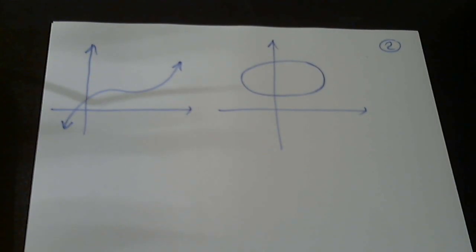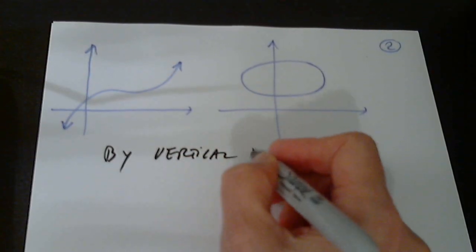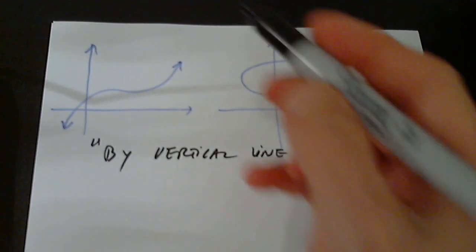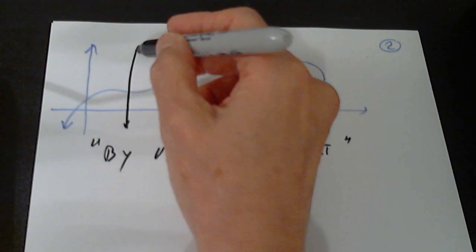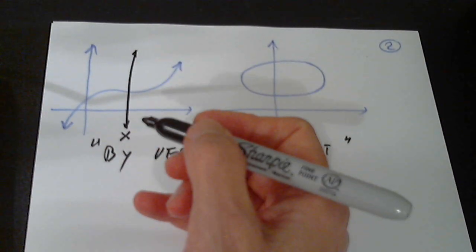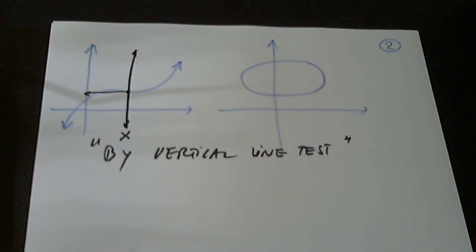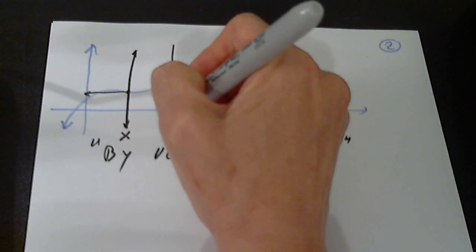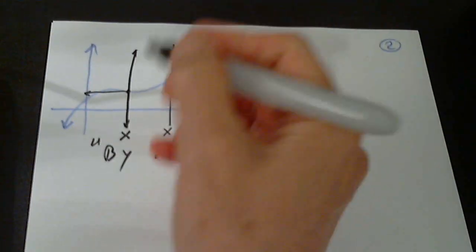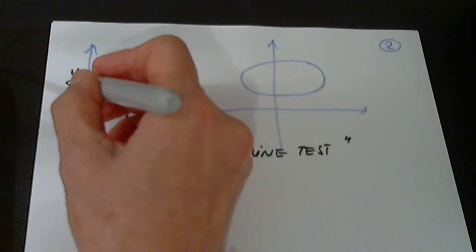How do I know? It's called the vertical line test. What is the vertical line test? So if I draw vertical lines, in other words, for one x value, we've done this before, when we read from graphs, for one x value, I read only one y value. For this x value, let's say this is x1, this is x2, I read the corresponding y1 and y2.